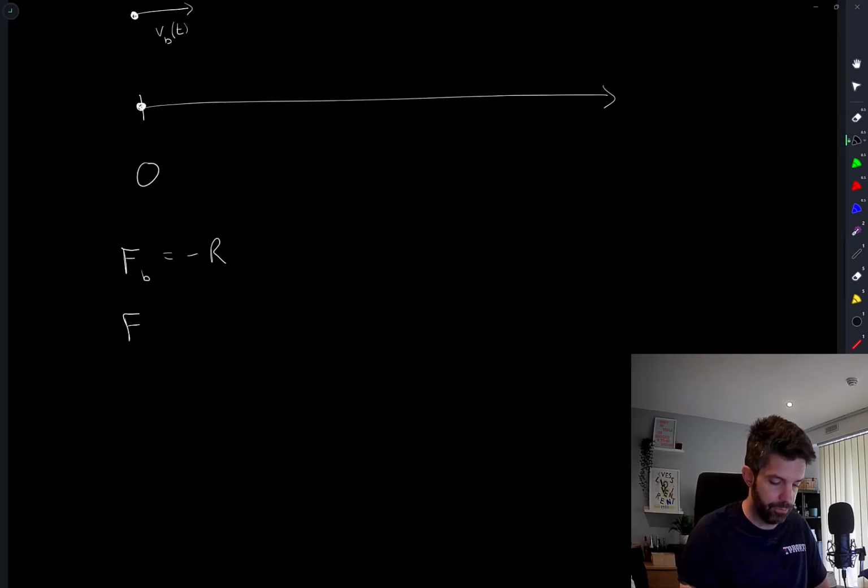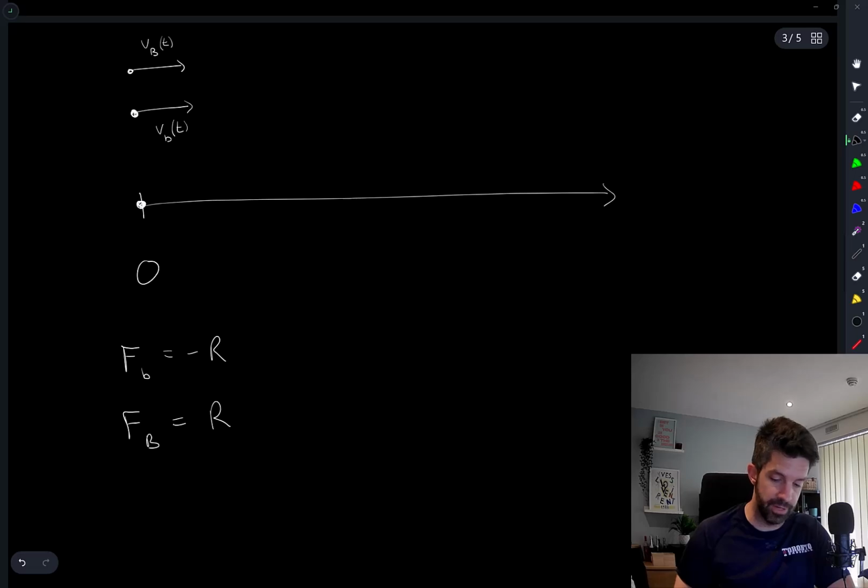This means that the force on the block capital B is equal to positive R. Again, we're assuming that the smooth horizontal table means that the block is not resisted at all by the table itself. It slides frictionless. Maybe we won't need to use conservation of momentum, by the way. We might just be able to put these two things together.